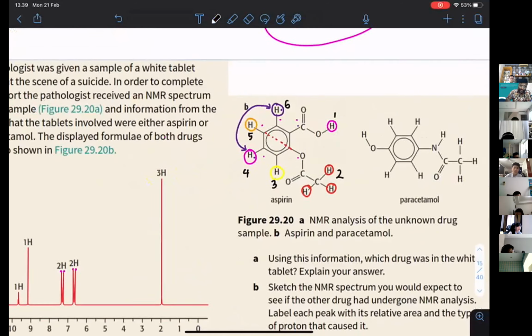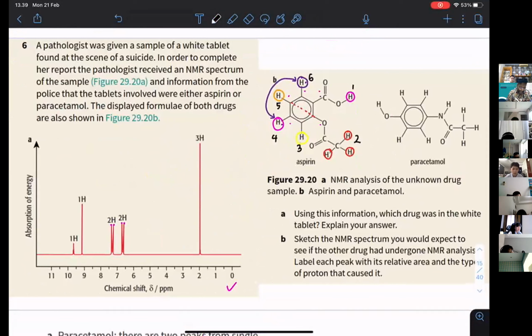Let's see whether I have 6 peaks over here. 1, 2, 3, 4, 5. Automatically, I already have doubts. It cannot be this, but you still need to analyze further.